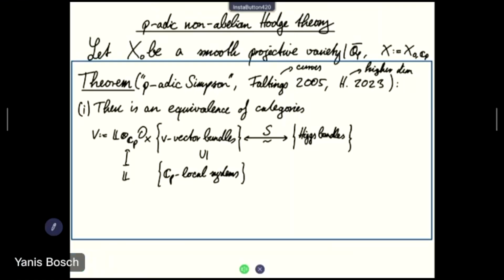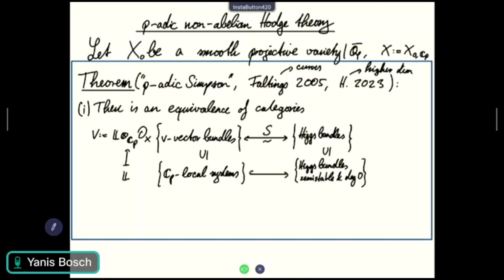Okay, so that's maybe a bit odd on first sight, because in complex geometry we could somehow match up everything. And now there's an inclusion. And the reason is that compared to the Corlette-Simpson correspondence, Faltings has kind of overperformed, right? He wasn't supposed to match up all Higgs bundles, but only the ones which are semi-stable of degree 0.